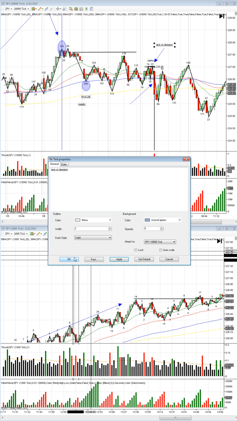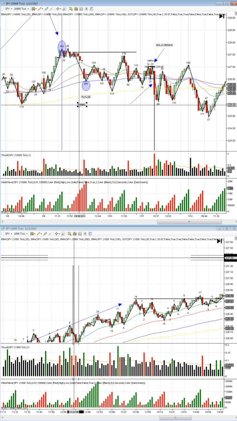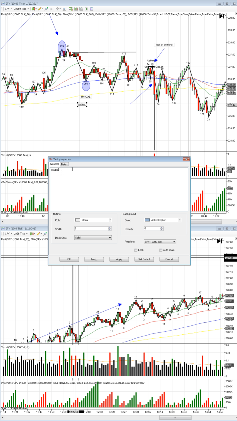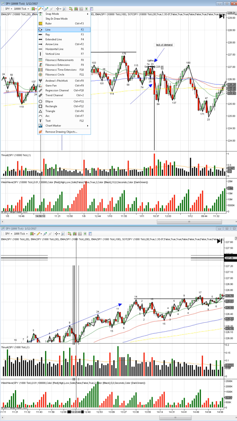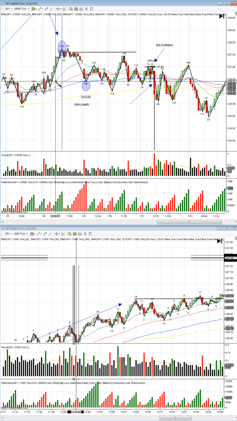Okay, so heavy supply and a lack of demand together, followed by a thrust that breaks the low of the supply area, is confirmation that the market has now shifted to a state of markdown.